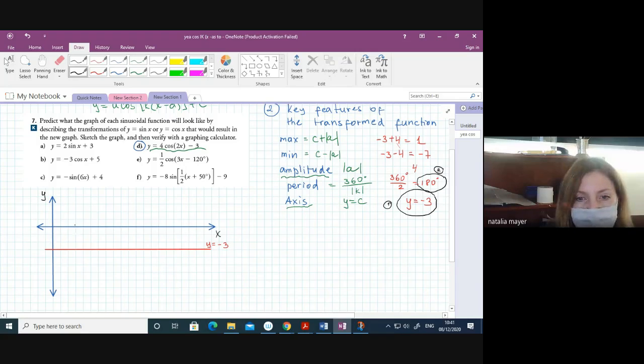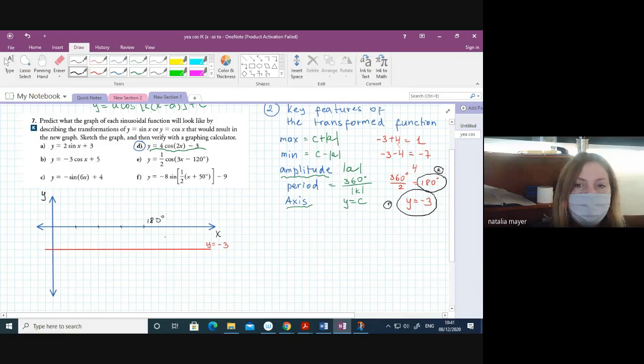So I'll take again three squares for 1 segment. You are free to do whatever you want in your notebook. So this is 180 degrees.